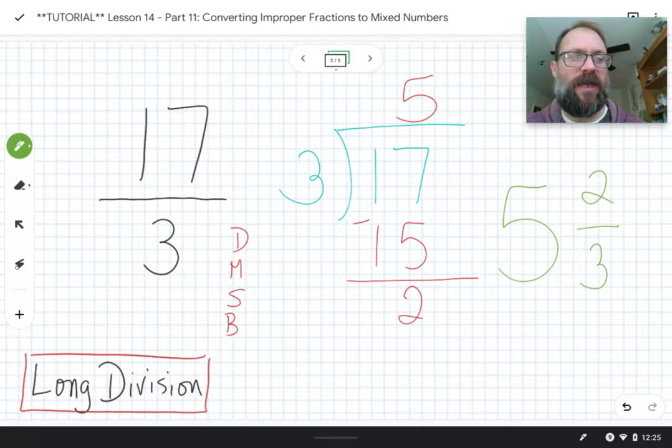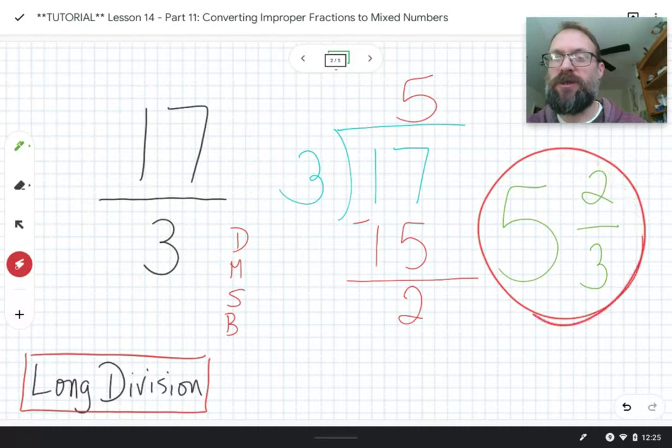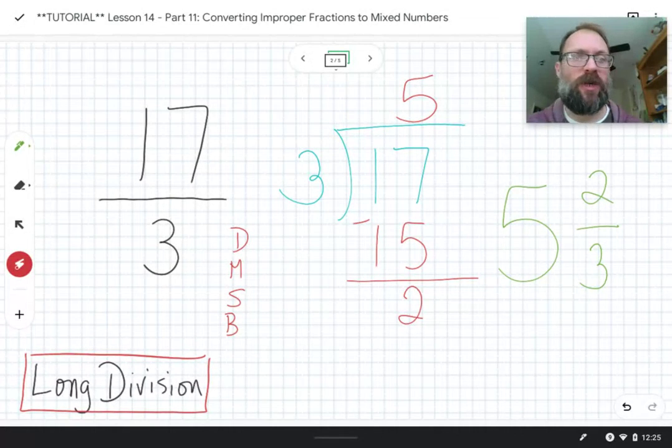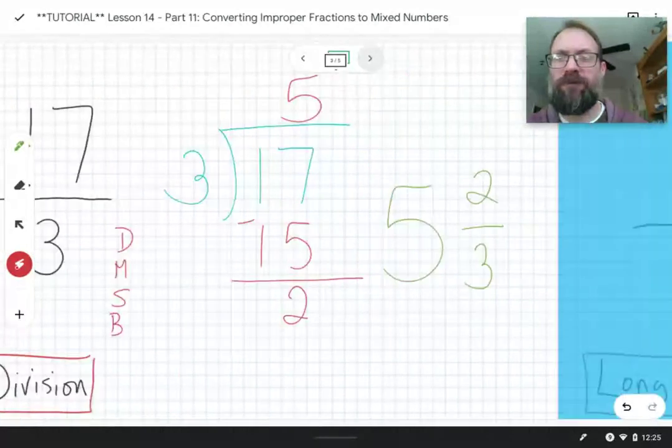And so we can say now that 17/3 is equal to 5 2/3. And we could do a quick check of that by multiplying 3 times 5. 3 times 5 is 15, plus 2 is 17. 17/3. Okay, let's try another one.